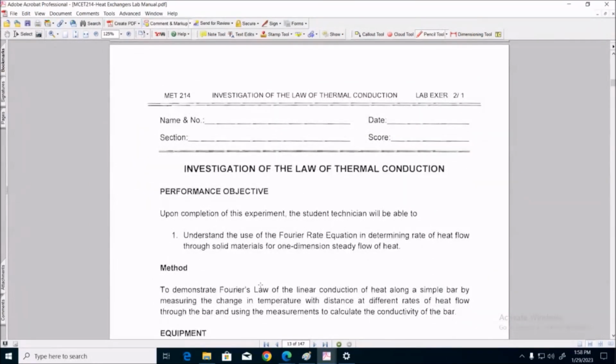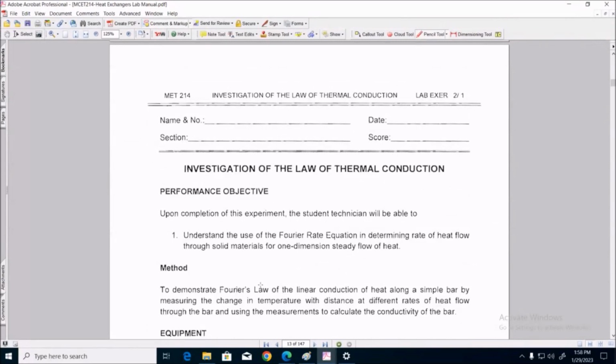So, what is the law of thermal conduction? What is the name of the law of thermal conduction? We have three modes of heat transfer. First is conduction, second convection, and then radiation. Conduction is heat transfer through a metal solid.